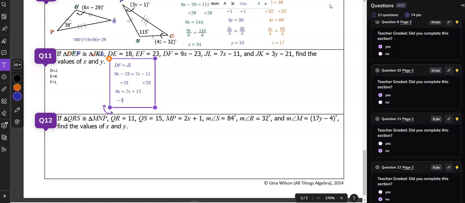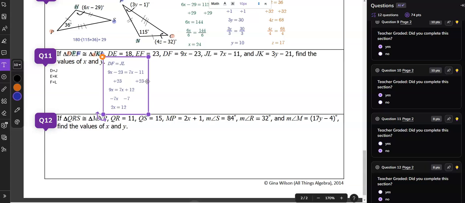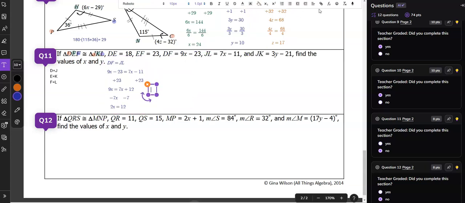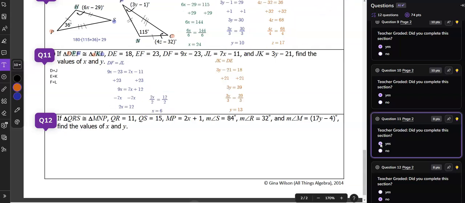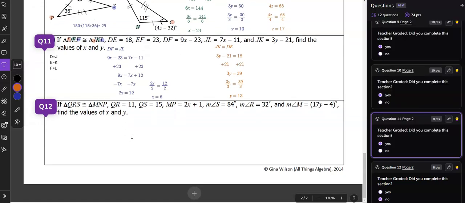I'm going to subtract 7x from both sides, which will give me 2x equals 12. Out of room, we're going to go ahead and divide both sides of that equation by 2, which is going to leave us with an x value of 6. And of course, don't forget to mark this question as complete on the right-hand side.